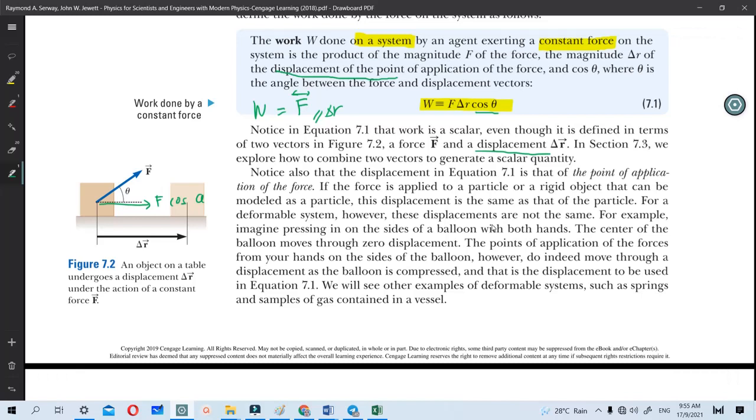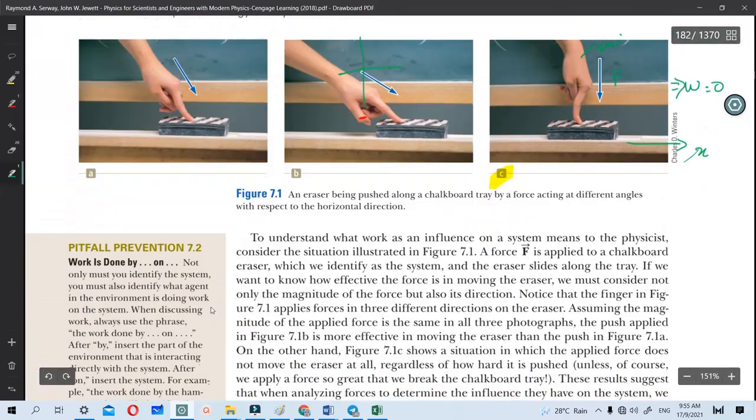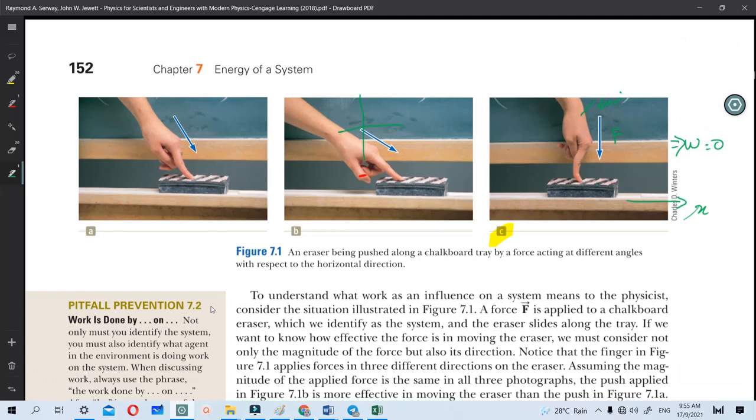Notice something as well. Though the product of work is a scalar, in terms of how to get there, F is a vector and R is a vector as well. Now coming back to the example above, let's say this is 30 degrees and this is the force. We will find there is a value of work calculated in this case.